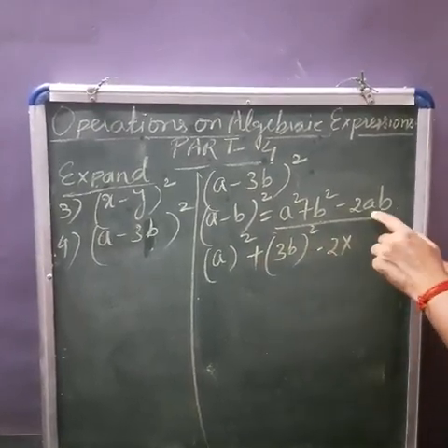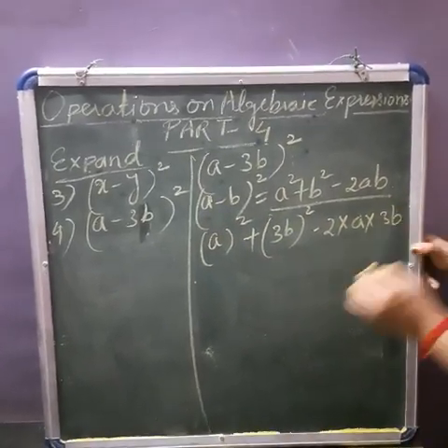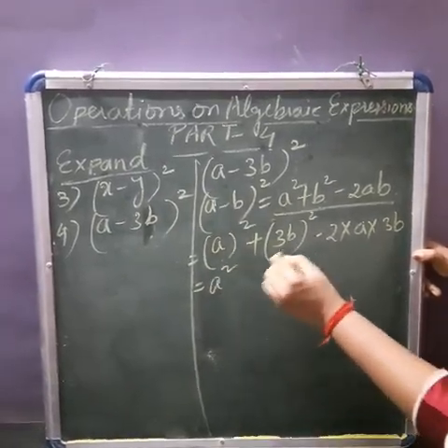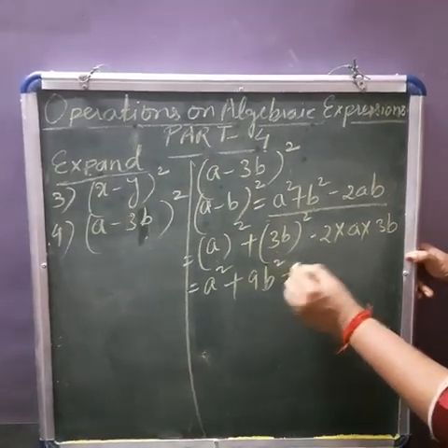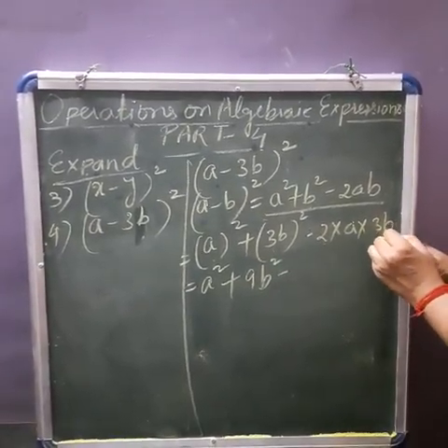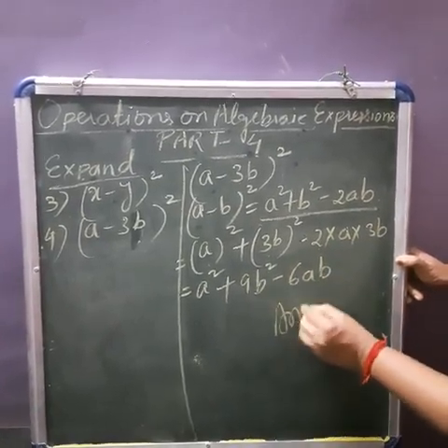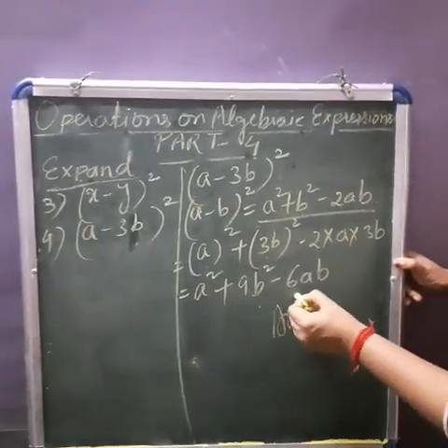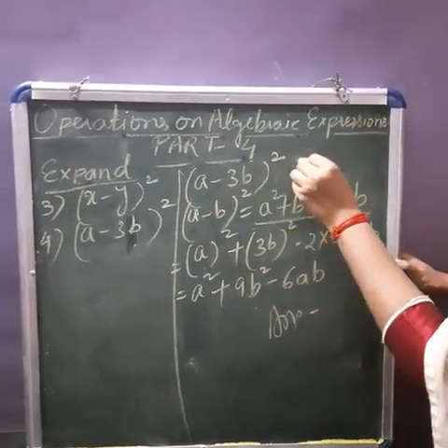You will be putting the value of a as a and the value of b we are using 3b. Now a whole square, a square, plus (3b) whole square, 9b square, minus sign, 2 multiplied by a multiplied by 3b, it will be coming 6ab. So a square plus 9b square minus 6ab is the expansion for (a - 3b) whole square.